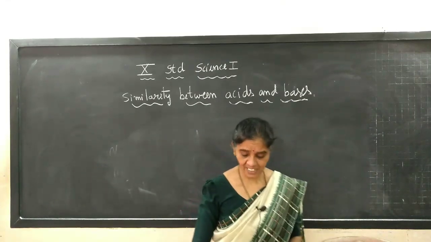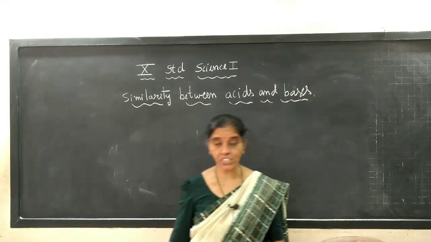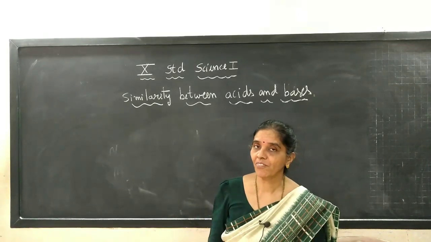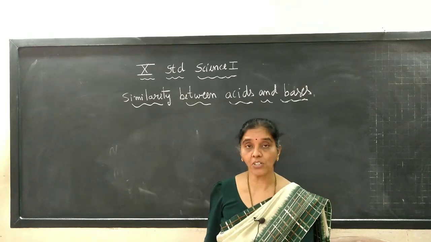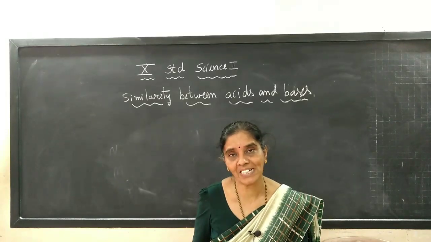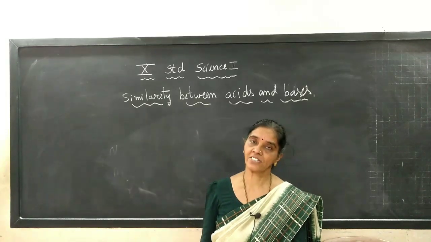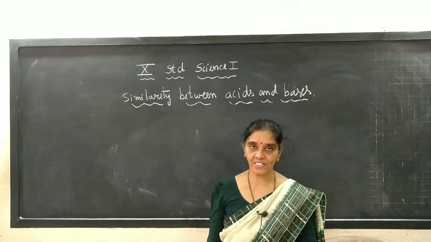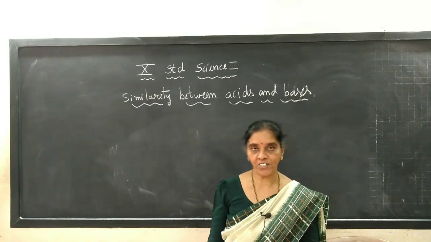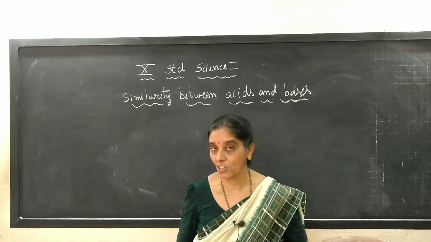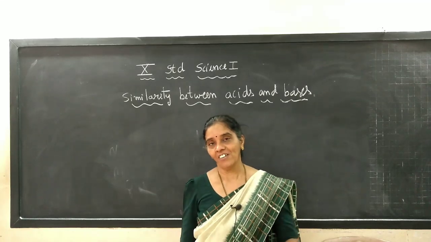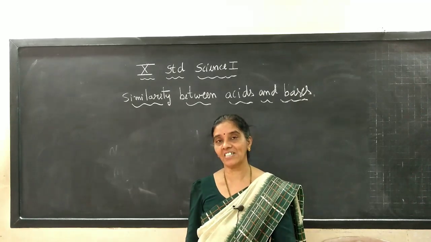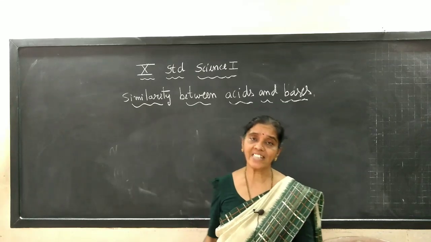And lastly, have you heard about strong acid and weak acid? In this session, I will talk about strong acids and weak acids. The mineral acids, HCl, hydrochloric acid, H2SO4, sulfuric acid, and HNO3 are strong acids, and formic acid or acetic acid, vinegar, are all weak acids.